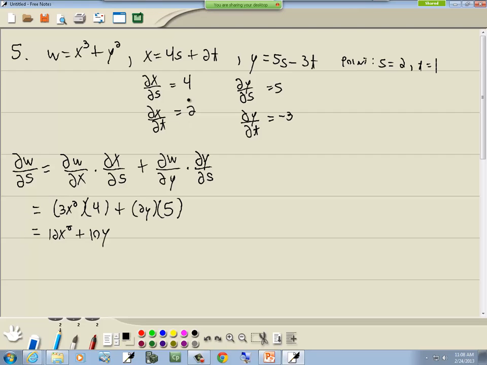Now, we're going to plug in x is equal to 4s plus 2t, and y is equal to 5s minus 3t. So we're going to have 12 times x, which is 4s plus 2t squared, plus 10 times y, which was 5s minus 3t.